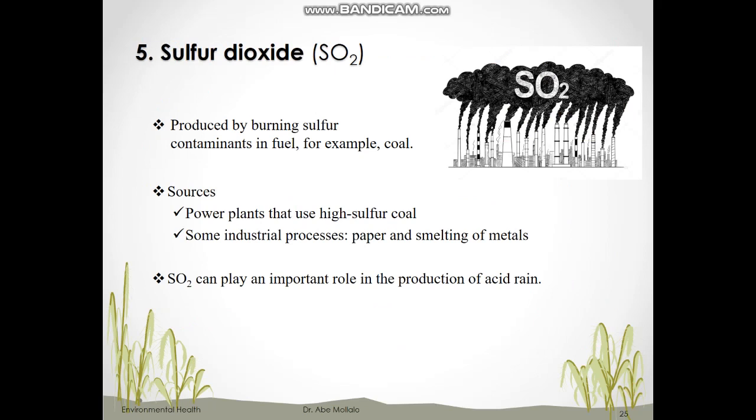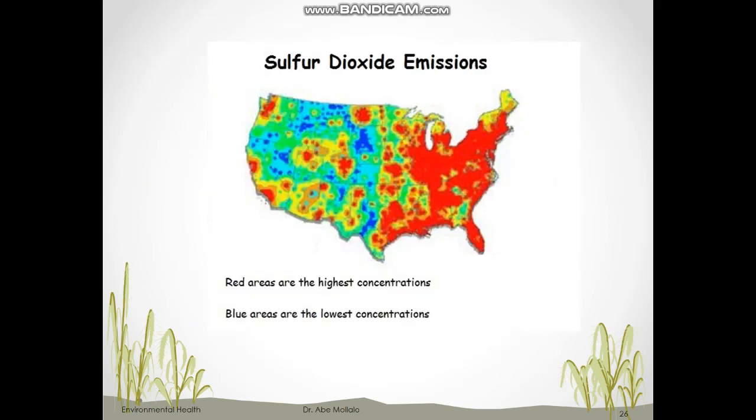Some industries, like paper production and metal melting, can also produce SO2, and SO2 is another major component in acid rain. The other one was nitrogen dioxide, if you remember. So this map shows the geographic distribution of sulfur dioxide. You can see it is restricted to the eastern part of the US because there is more industrialization there.